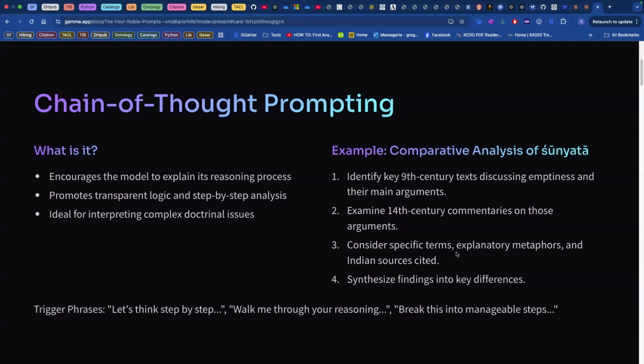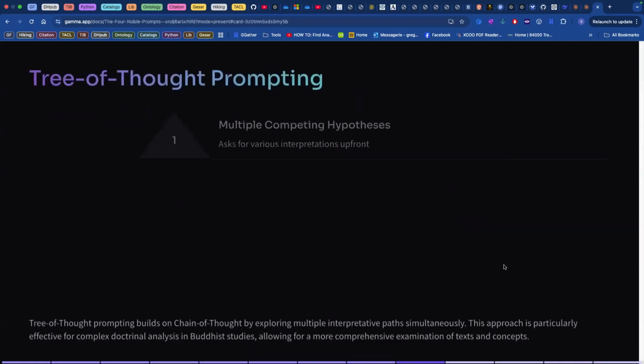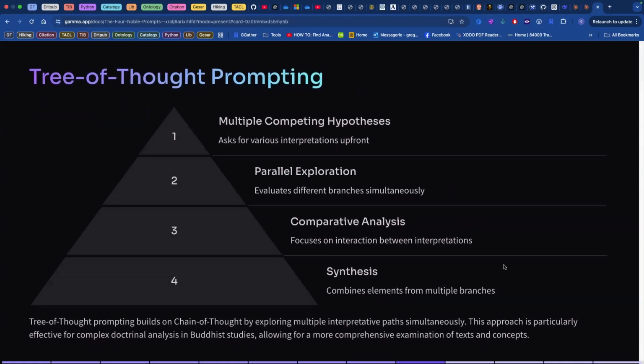So we can, for example, have a comparative analysis of shunyata in different texts from different authors and different time periods, and ask for the process to be really linear and give us a step-by-step result.